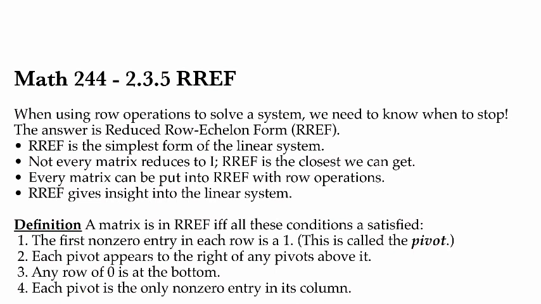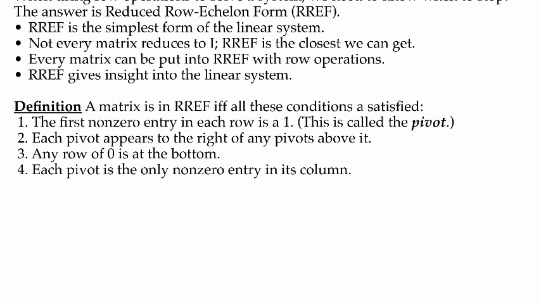Okay, so let's dig in and look at some examples. Say we've got the matrix with rows 1, 4, 2; 0, 1, 3; 0, 0, 1. Is this in reduced row echelon form?